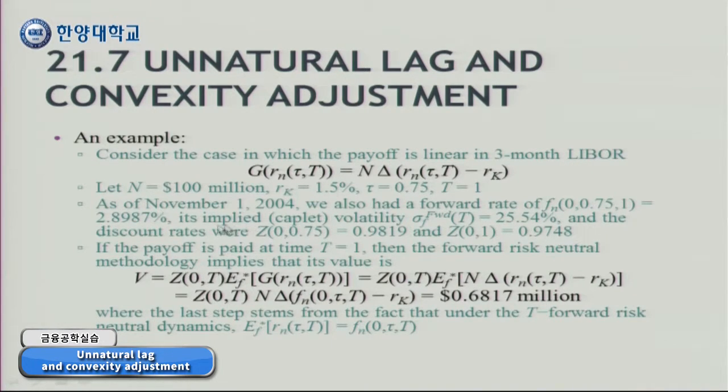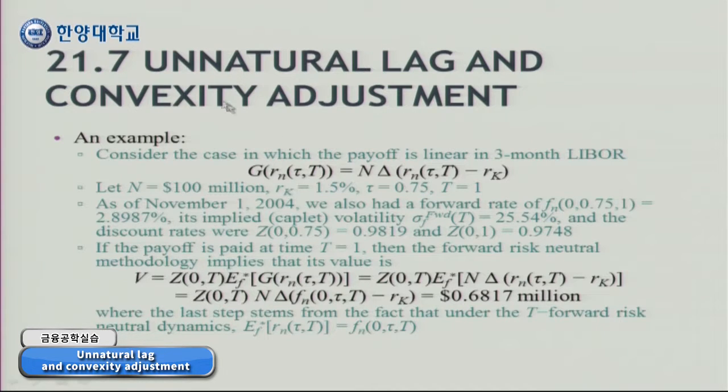As of November 1st, 2004, we also had a forward rate. Basically, we should simulate the interest rate from 9 months later to 1 year later. To simulate that, we look at the forward rate from 9 months to 1 year.